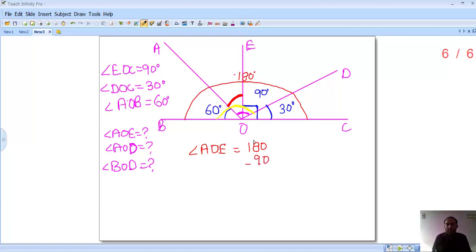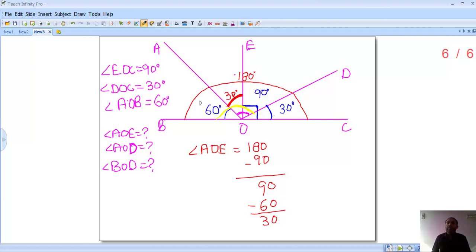If I remove 90, this part will be removed, only this part will remain. 180 minus 90 is 90 degree. But I need only this part, so I have to remove this 60 also. Now remove the 60. How much is left? 30. So this red part is 30 degree. Great.